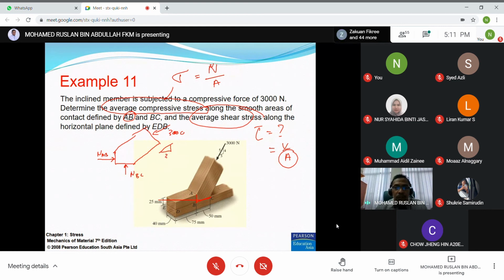So this is 3, this is 4, this is 5. This is the angle theta.